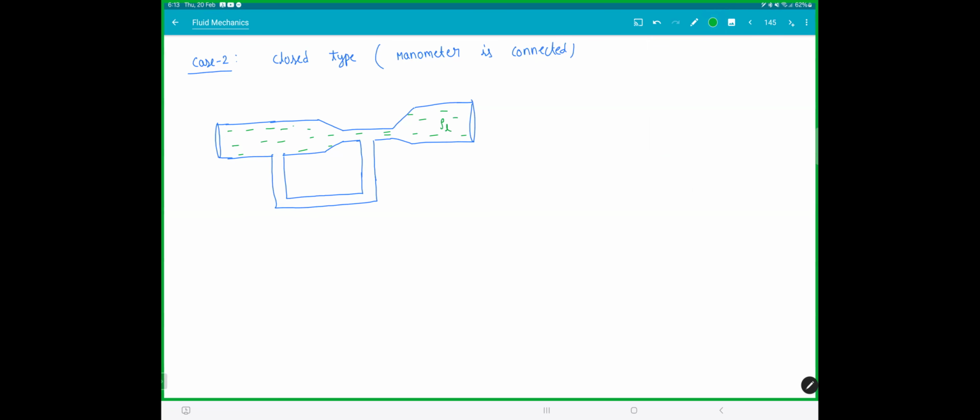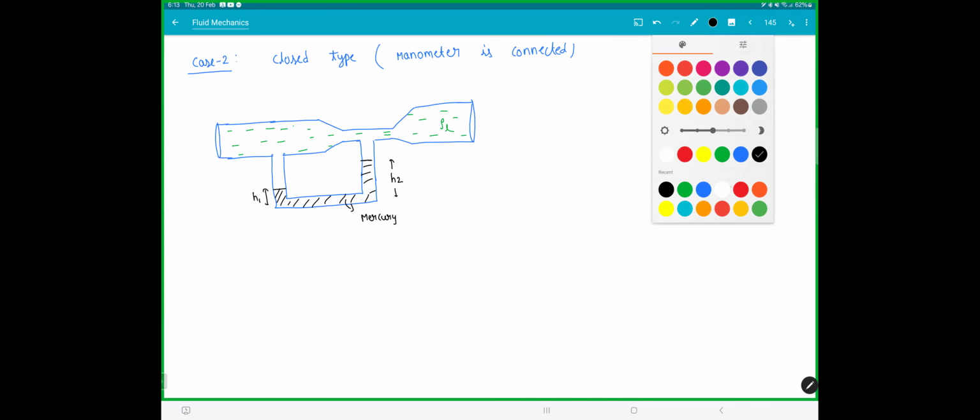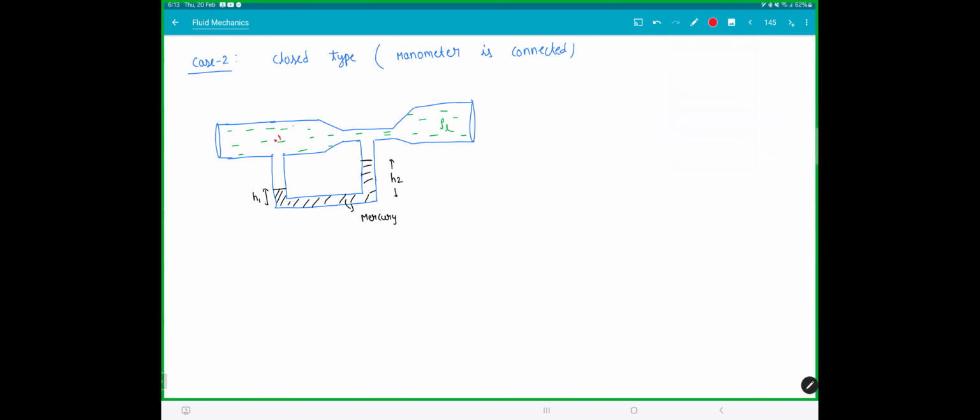Let this be rho l. Here we have mercury. Let this height be H2. Let this height be H1. This is point 1. This is point 2.